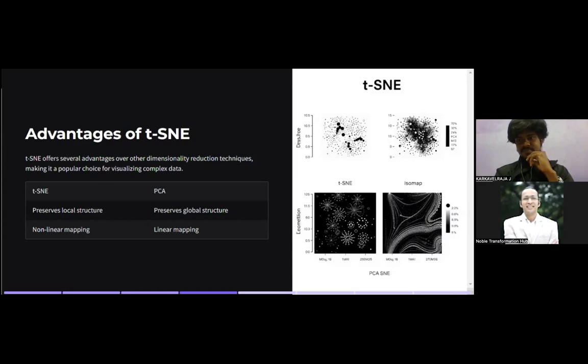Non-linear mapping: tSNE works with non-linear data structures or mapping, but PCA works with linear mapping. These are two different advantages, a comparison between PCA and tSNE. You can see here how tSNE looks, and you can see PCA.